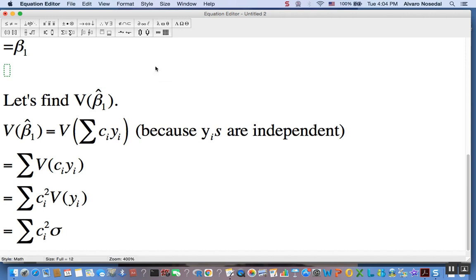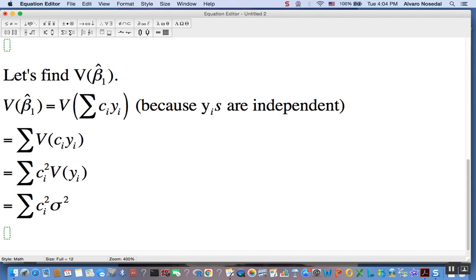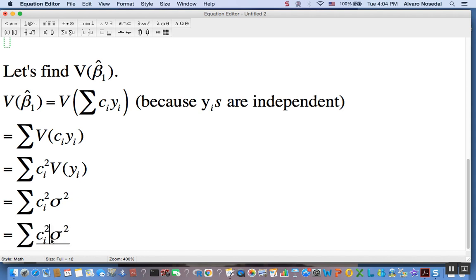Let me write it down here. But that sigma squared is a common factor, so we get to pull it out.